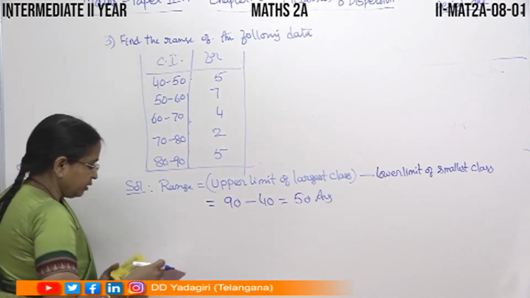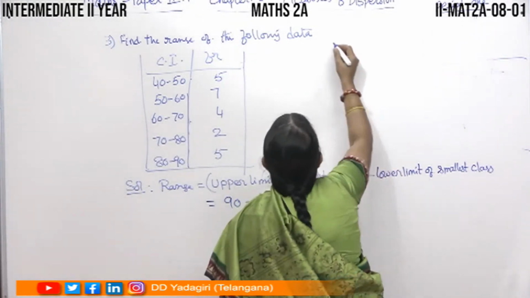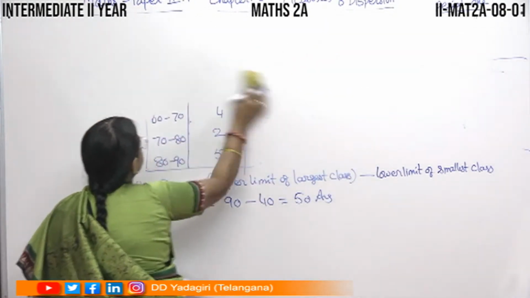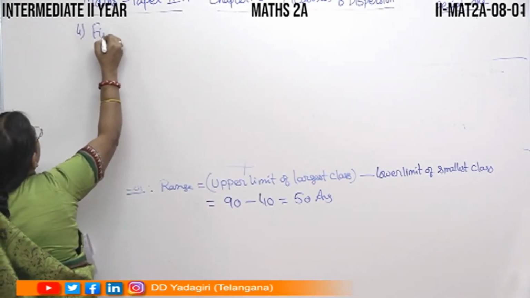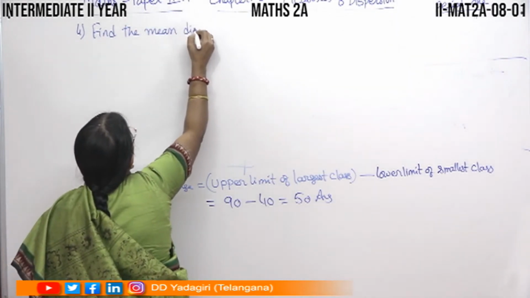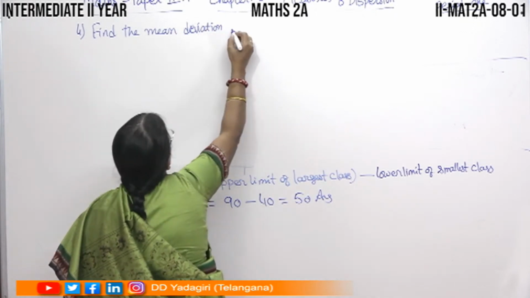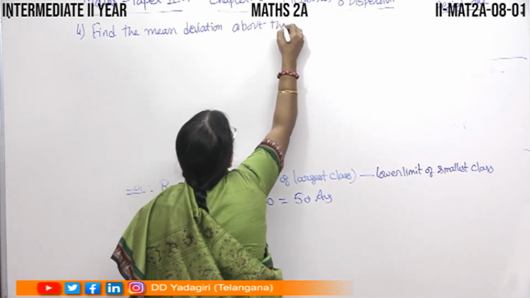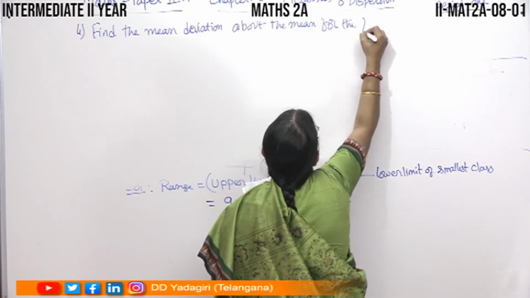Next problem, the 4th problem: find the mean deviation about the mean for the following data.